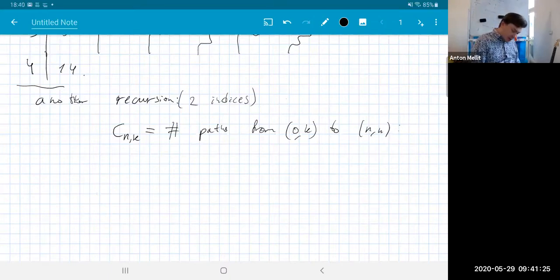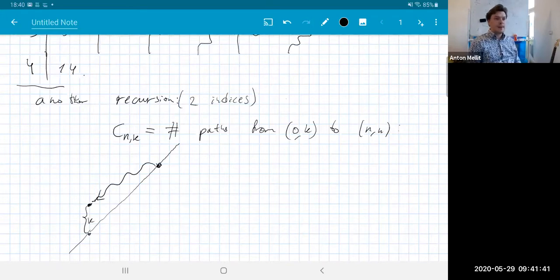So we start at height k, and then the diagonal, and then we count paths which end at this point. Then it is trivial to write a recursion, because to get to this point we can come from above or from the right.